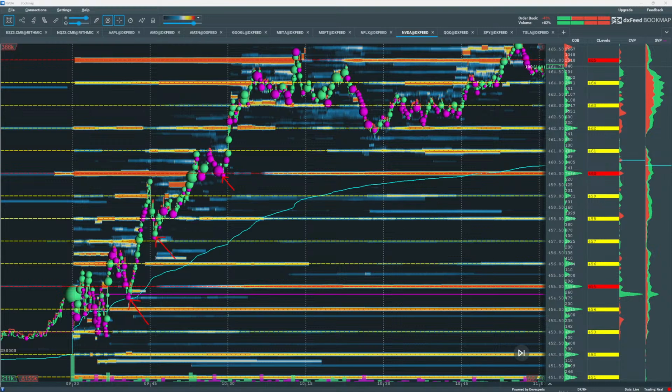Typically, higher liquidity. These are limit sell orders in the order book. That's what the heat map shows, a history of the limit sell orders in the order book. And for a high price stock like NVIDIA, typically most of the liquidity is at the zeros and the 5 levels. So the 460 and the 465 level, these levels of high liquidity act as a magnet for price, especially for a stock that moves as much as NVIDIA.